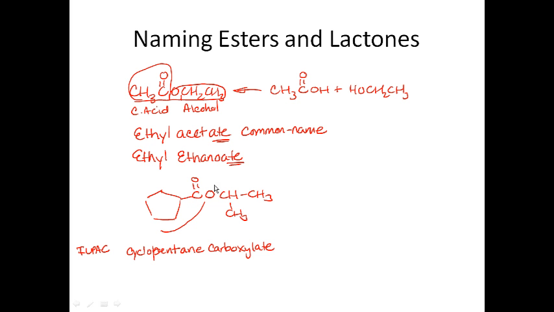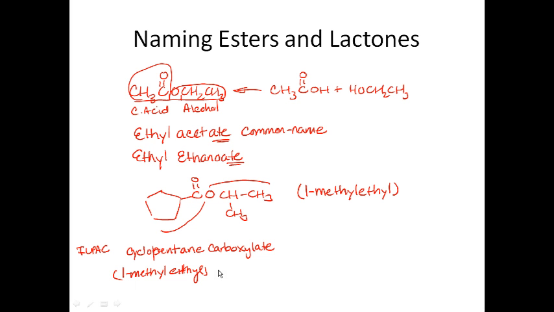Now as far as this part coming from the alcohol, we could write this as potentially isopropyl, or in the IUPAC system, again, this would be a 1-methylethyl group. So in the IUPAC system, I would call this 1-methylethyl, and that would probably be best to go in brackets.